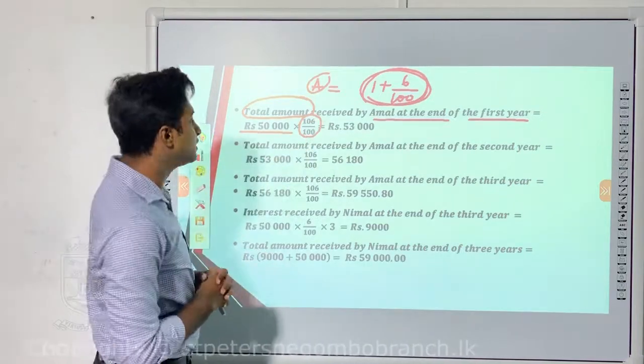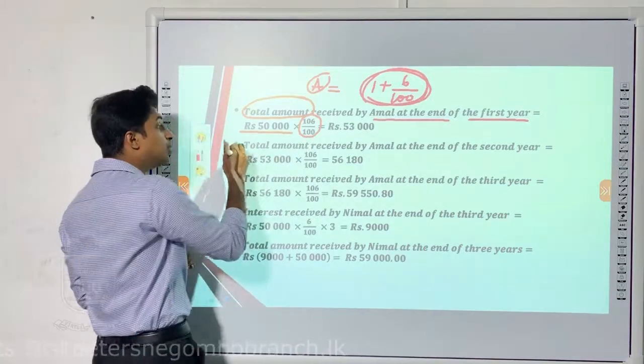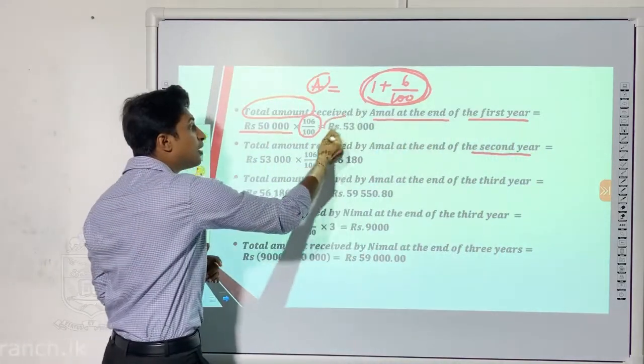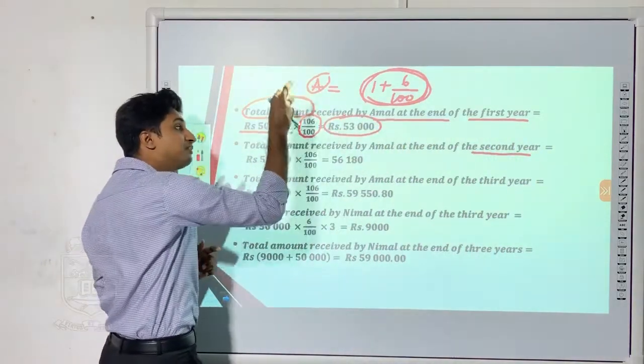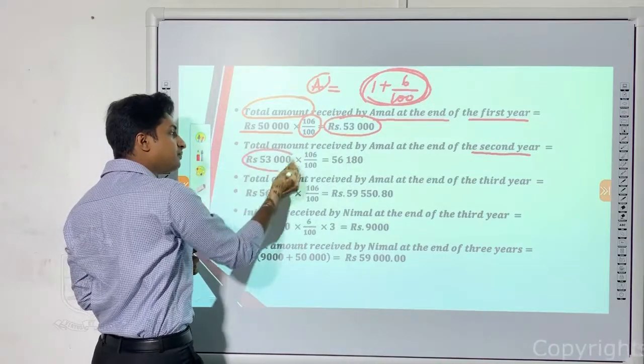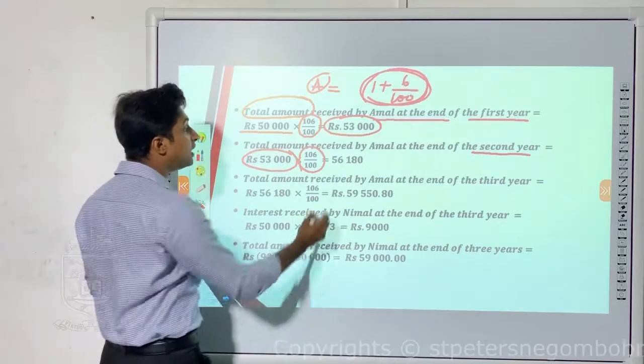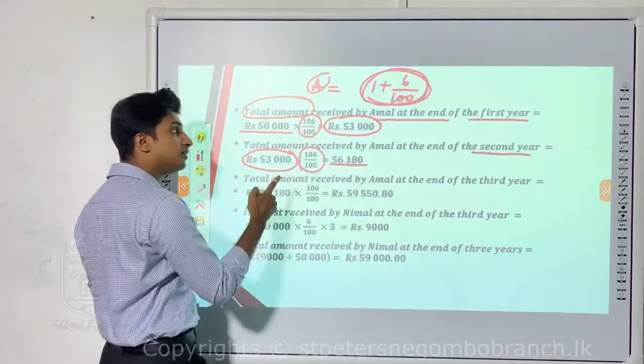Then that is 53,000. Then I am calculating the total amount received by Amal at the end of the second year. So this was the amount that was there at the end of the first year. Take that and again compound it using the interest rate, then I will get the value for the second year.